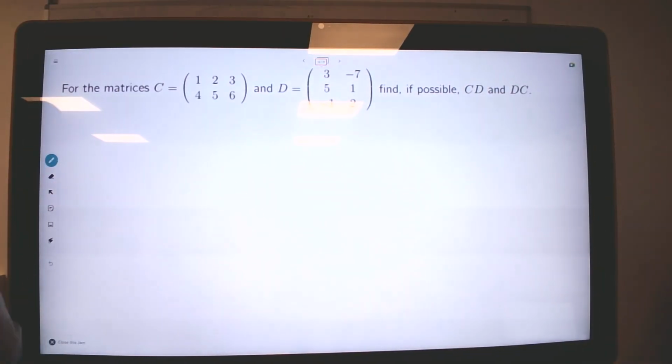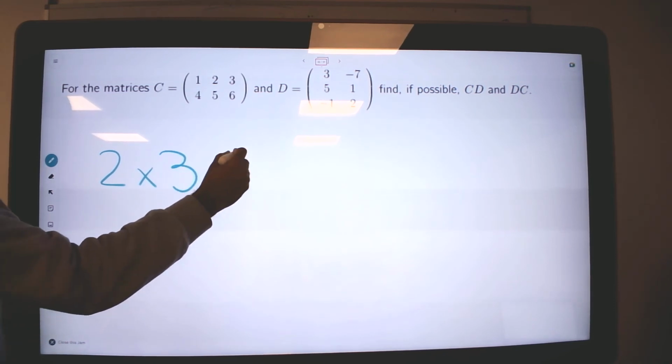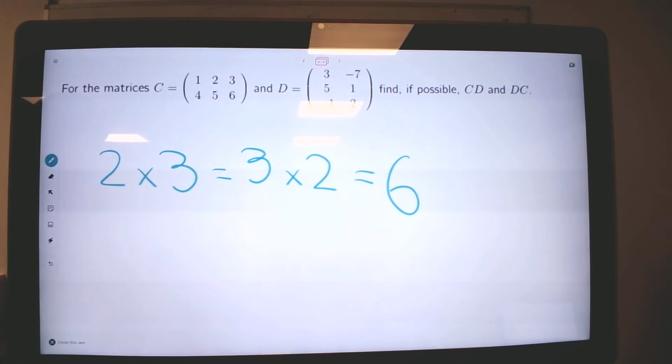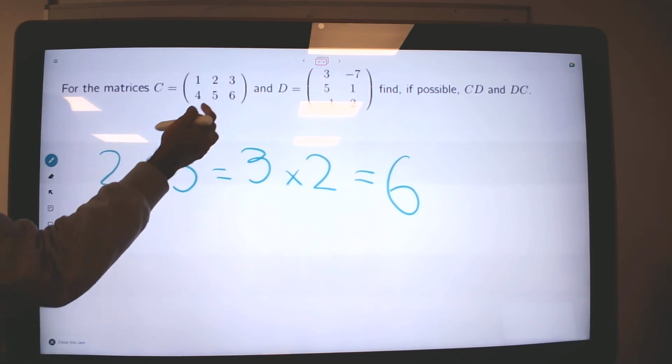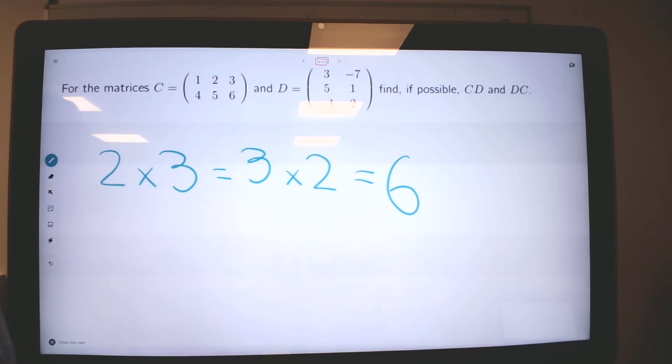In normal maths, 2 times 3 is the same as 3 times 2, that's 6. But matrices are not commutative. If this is matrix C and there's matrix D, C cross D might not be equal to D cross C. Maybe D cross C is not even possible, because the order of the matrix has changed.